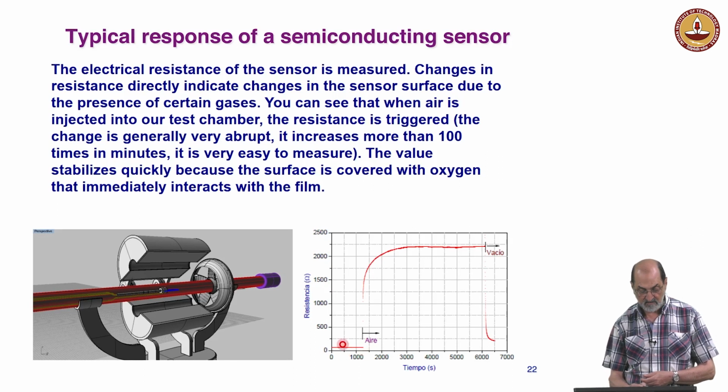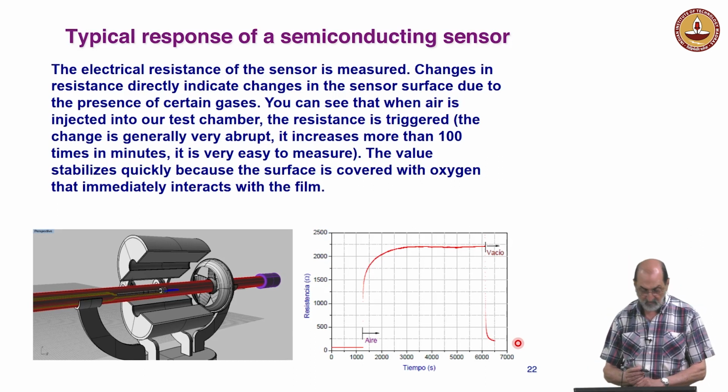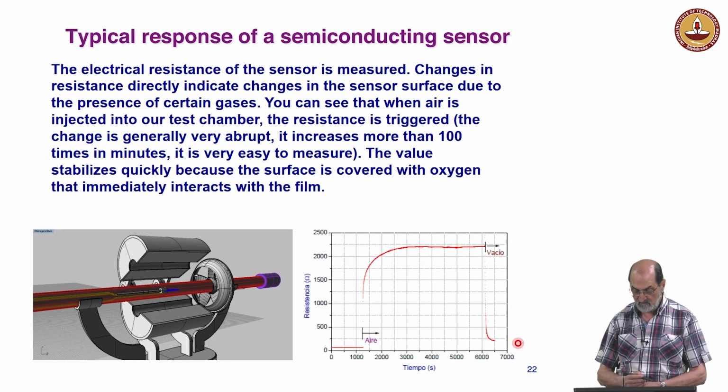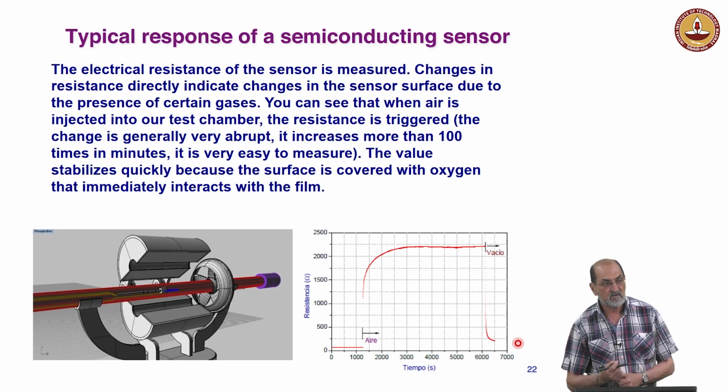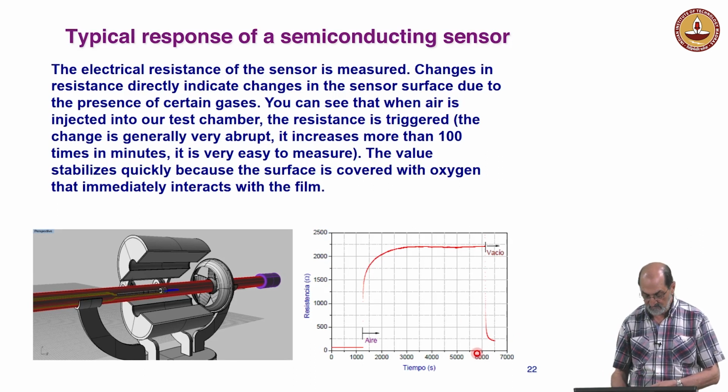You inject air in the chamber, the resistance jumps from a very low value to a very high value. You run vacuum again, the resistance decreases. This is a typical response of the sensor under the pressure of oxygen. So the resistance abruptly changes, and if we pump out the oxygen, the resistance abruptly decreases.